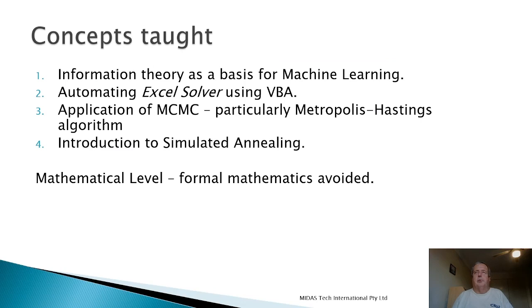So the concepts taught in this course, and it's about a 2-hour course: information theory as a basis for machine learning, how to automate Excel solver using VBA, the application of Markov chain Monte Carlo, particularly the Metropolis-Hastings algorithm, and an introduction to simulated annealing.